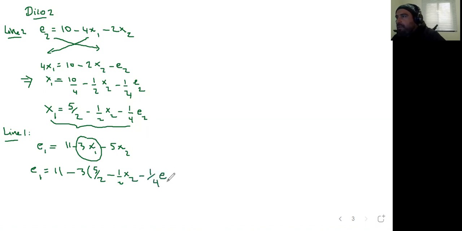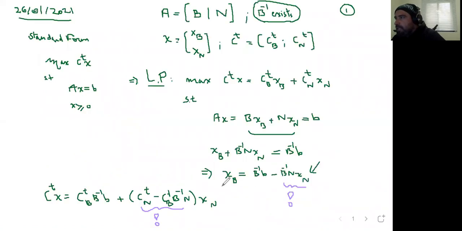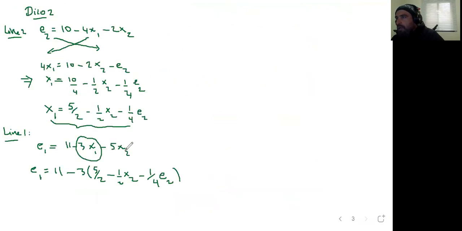There is some purpose for doing that. The purpose is to keep the same idea behind keeping the basic variables on the left and the non-basic variables on the right. You got it? Okay, so there is no way to keep x1 on the right if it is a basic variable now. Only non-basic variables. So let's do some math here.